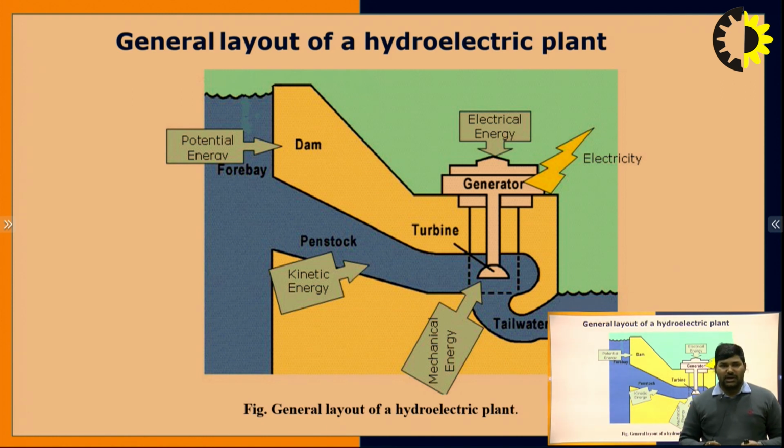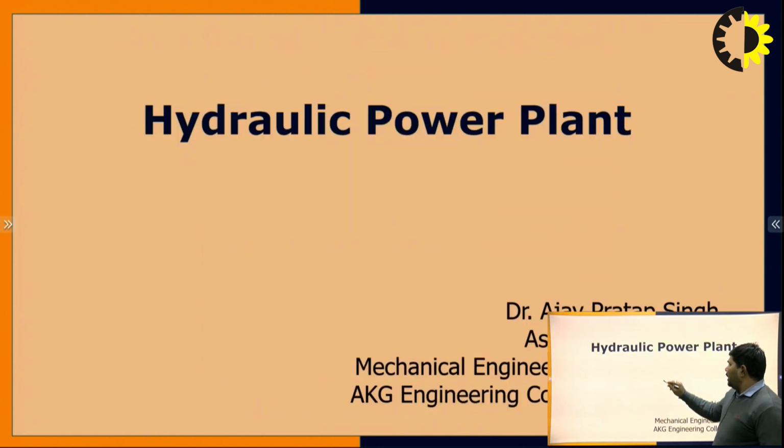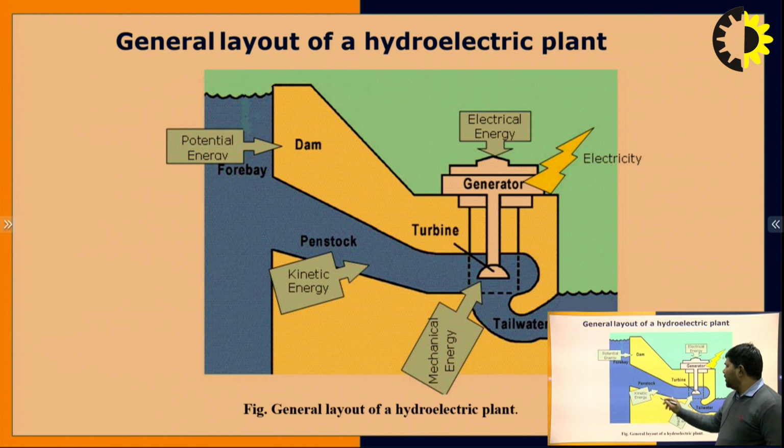These are the dam, and the water comes through the penstock. The penstock is basically the way to transfer water from one place to another, and this water will strike the blades of the turbine.